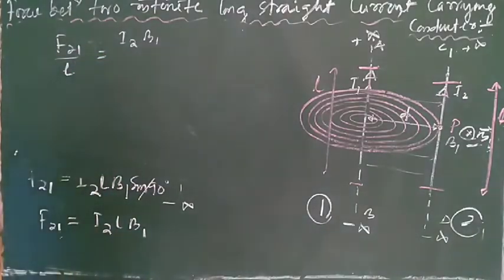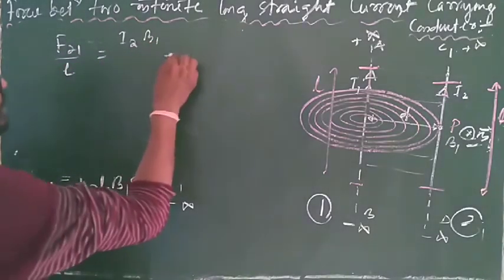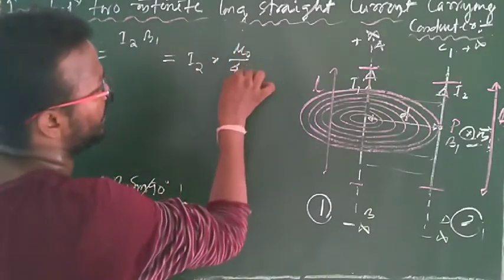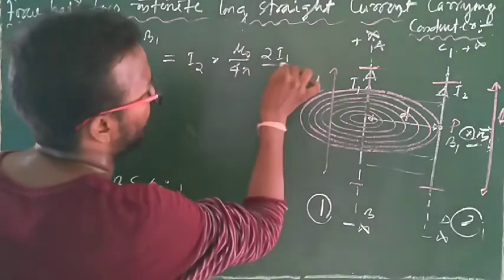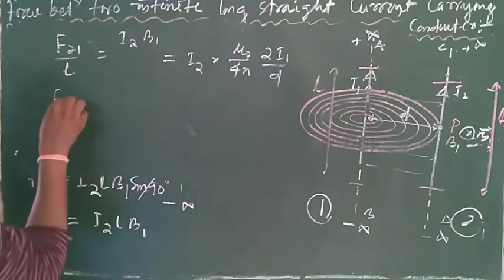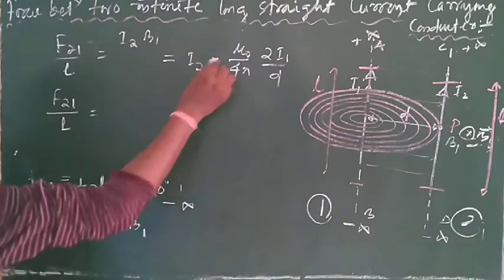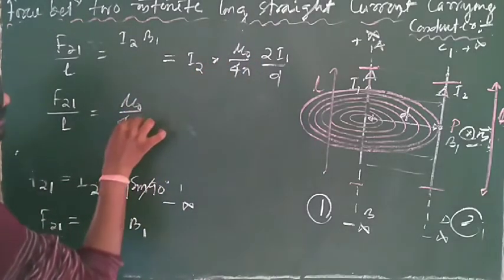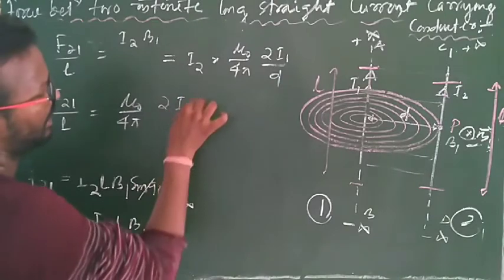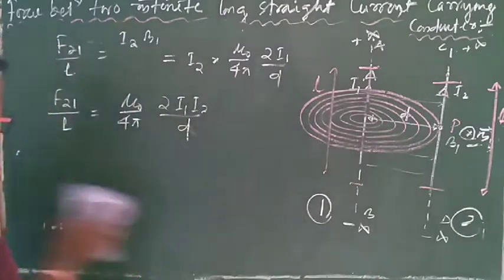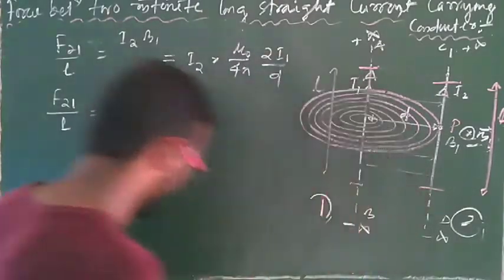It means that the force experienced by the second conductor due to the first, per unit length, is equal to I2 into B1, and the value of B1 is mu naught by 4 pi into 2 I1 by D. So F21 by L, the force experienced per unit length, is equal to mu naught by 4 pi into 2 I1 I2 by D. Clear?